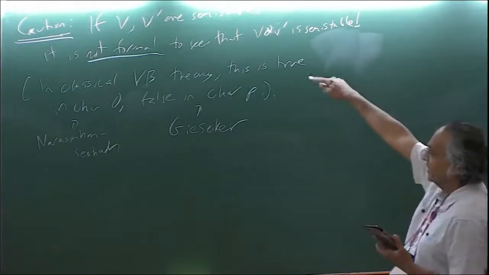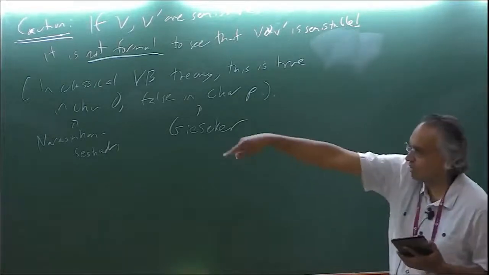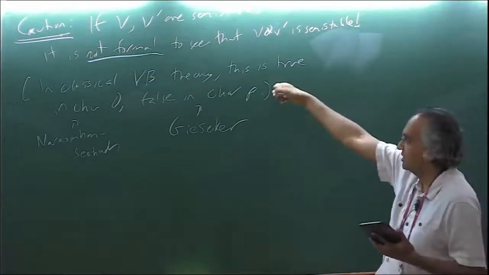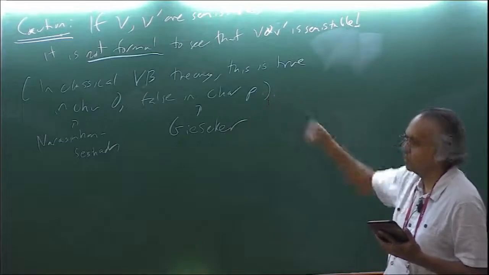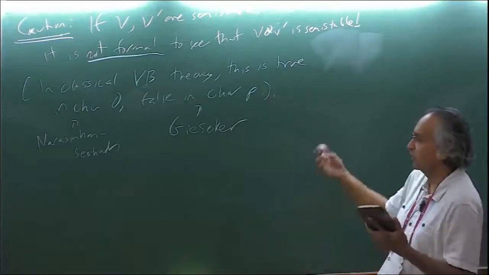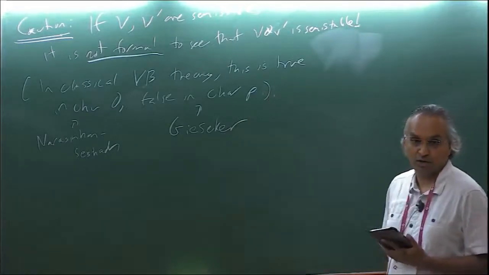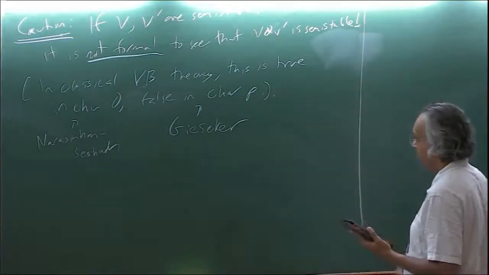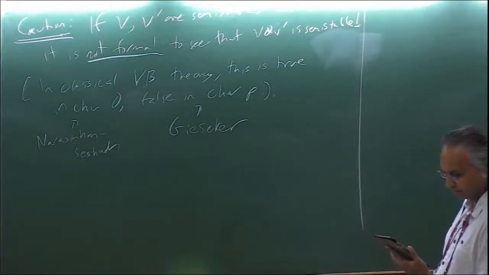But it's not a formal consequence of the setup, because there are setups that look very similar where that property can fail, most notably vector bundles on an algebraic curve in characteristic P. Okay, so that was the caution.